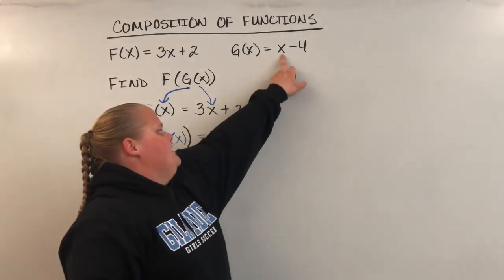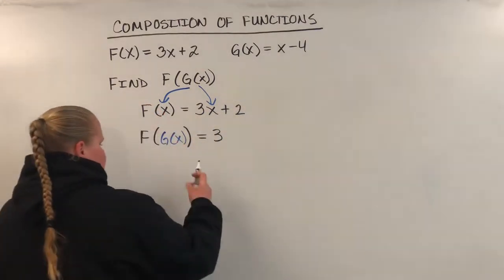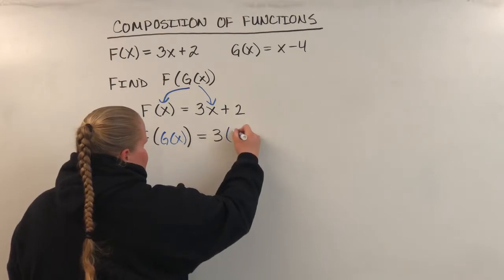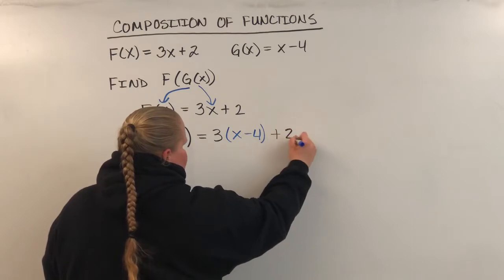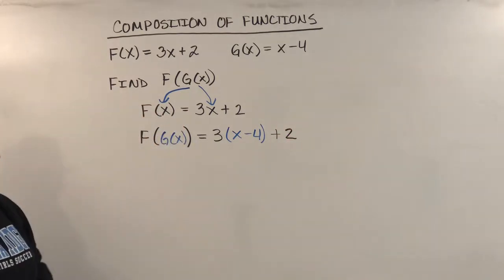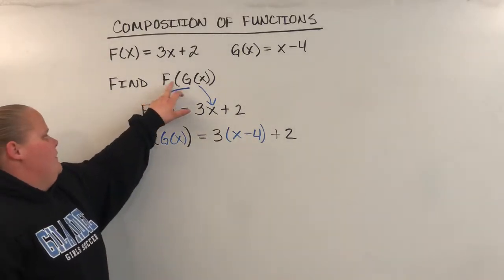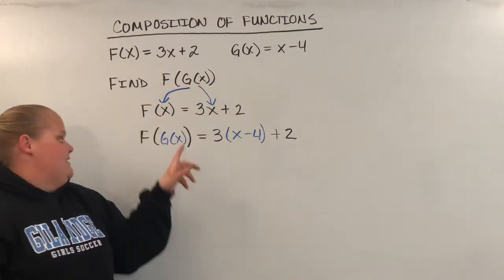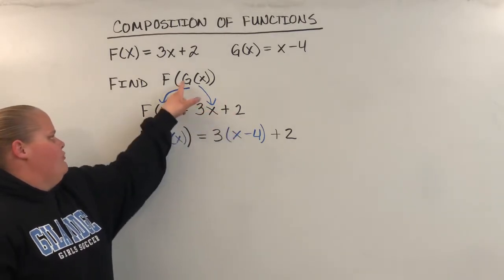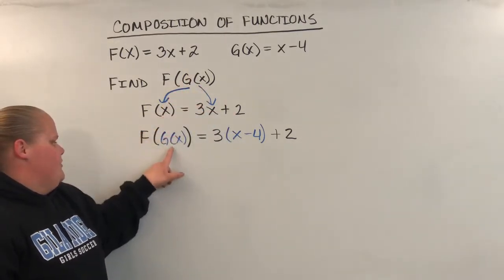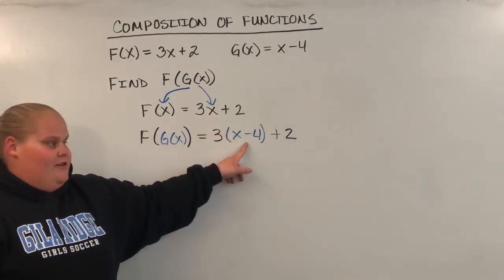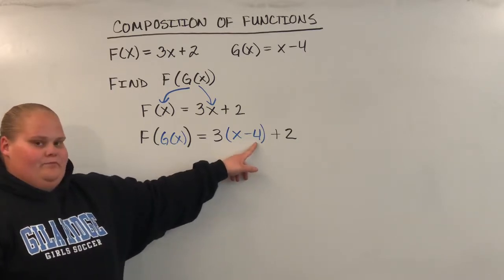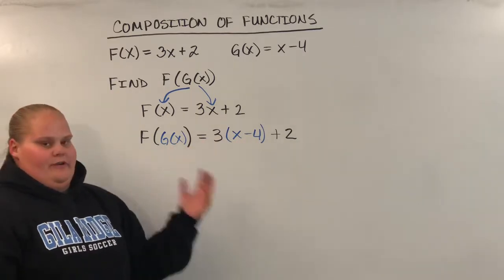G of x is x minus 4. So I have 3 times x minus 4 plus 2. Okay, so one more time, just going to explain it. F of g of x means that wherever I see x in the function, I'm going to plug in g of x. So instead of x, I have g of x. And instead of x here, I have what g of x actually is, which is x minus 4. Okay? So both of these things are in the right places.